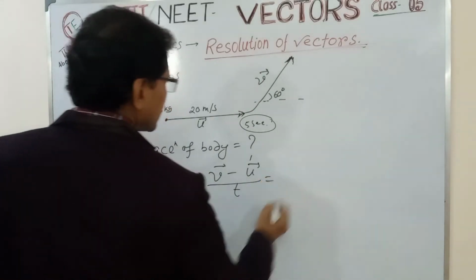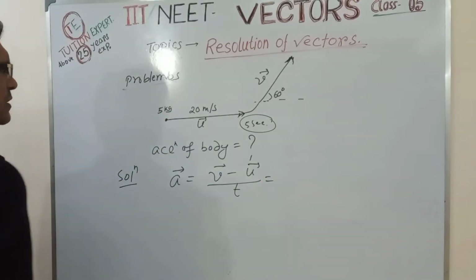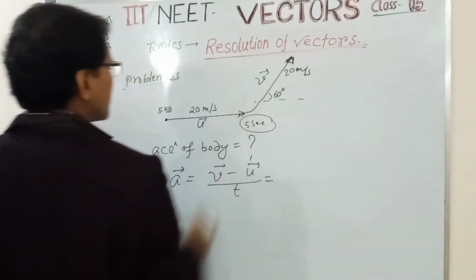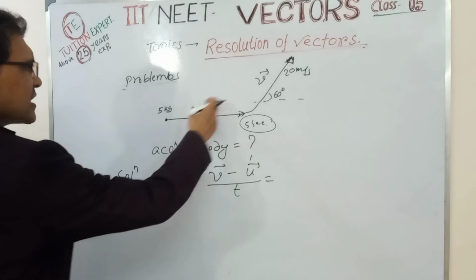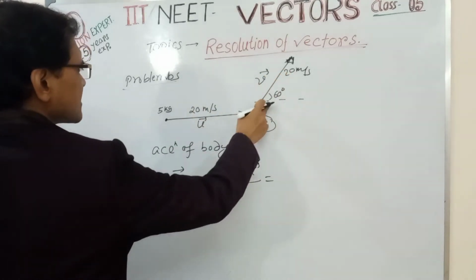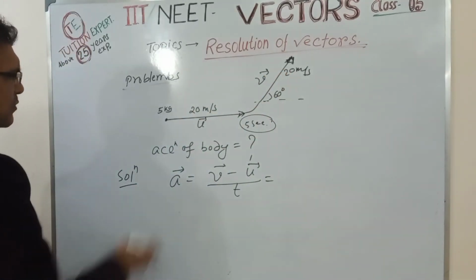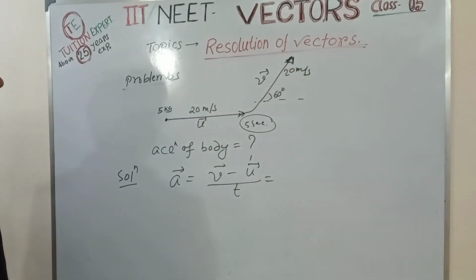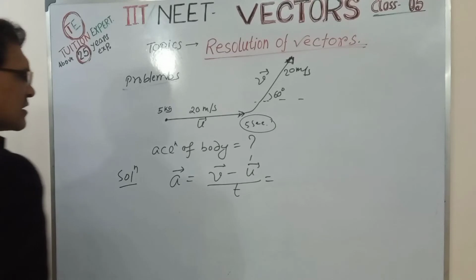The magnitude of the velocity remains the same, 20 meters per second; it only turns by 60 degrees with the horizontal. So what will be the acceleration?